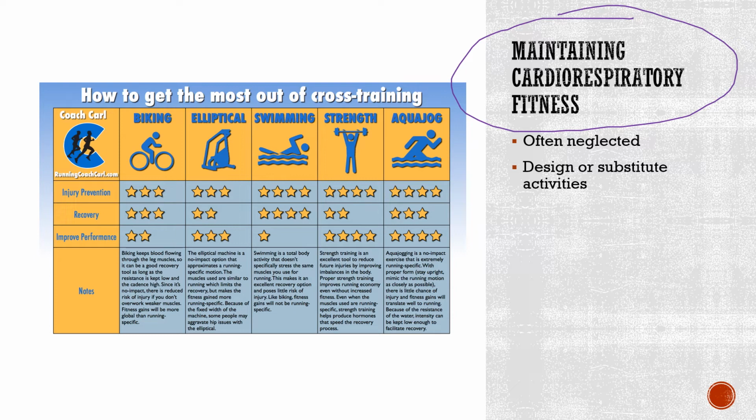alternative therapies. Aqua jogging is one of my personal favorites, right? Because you put them in a belt or whatever, and I can have them do long distance stuff, or I can have them do sprint stuff as well. If I have a basketball player, maybe I have them do 15-second sprints with 15 seconds off, and just have them do that over and over and over again in a non-weight bearing situation.